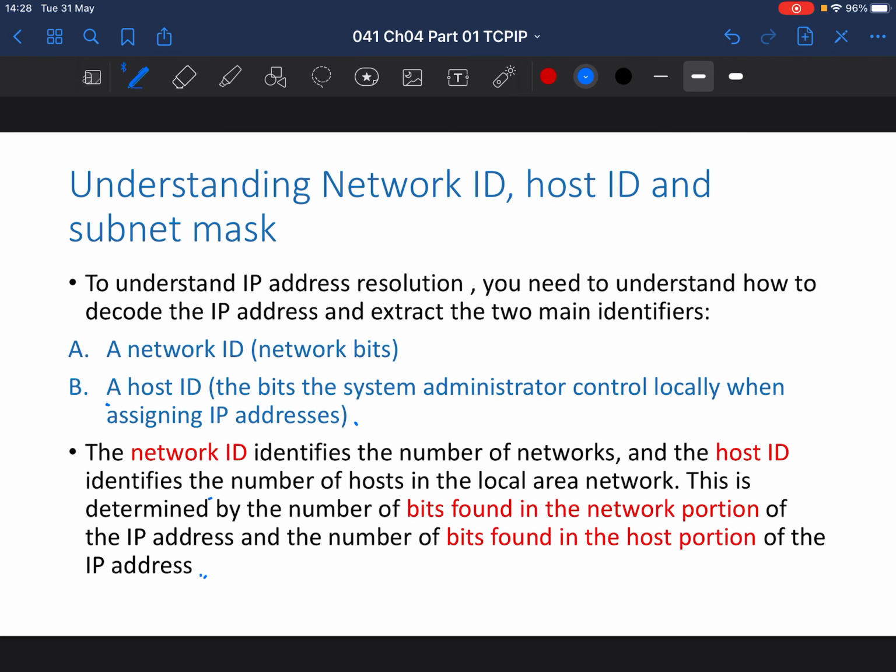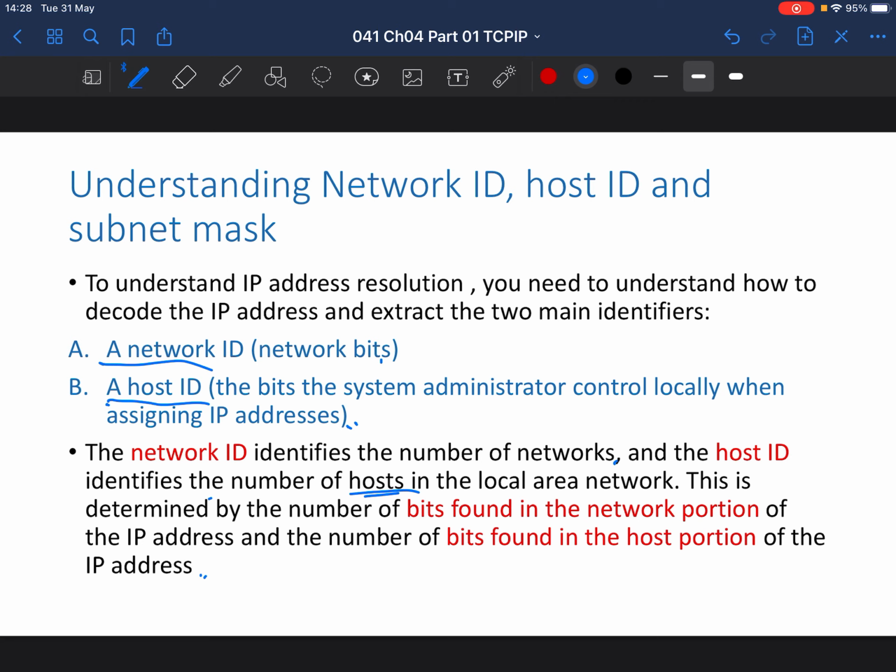Understanding network ID, host ID, and subnet mask. To understand IP address resolution, you need to understand how to decode the IP address and extract the 2 main identifiers. First is the network ID, and second is the host ID. A network ID is the network bits, and the host ID is the bits the system administrator controls locally when assigning IP addresses. The network ID identifies the number of networks, and the host ID identifies the number of hosts in the local area network.